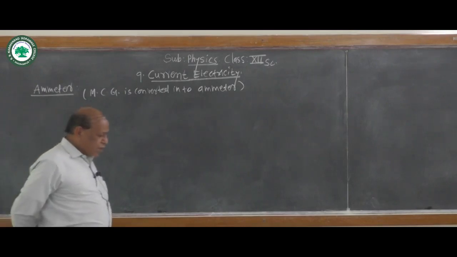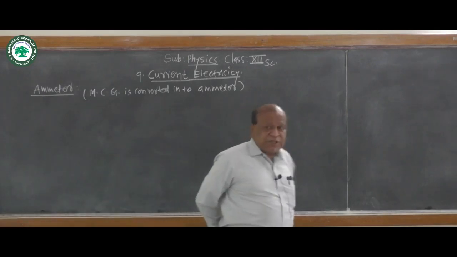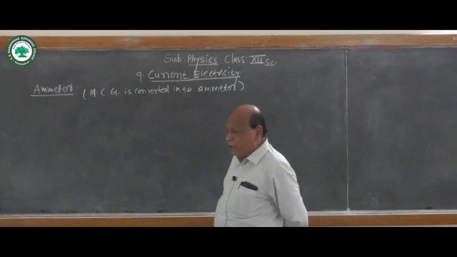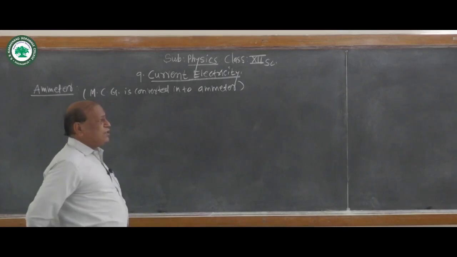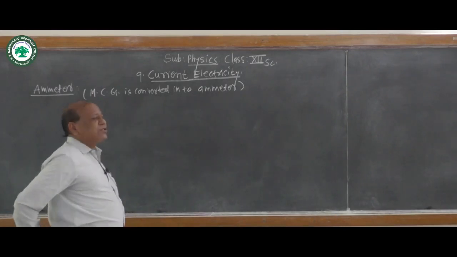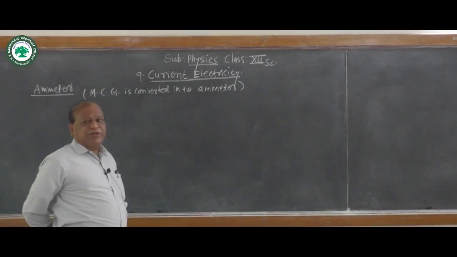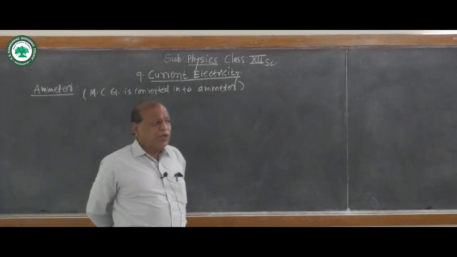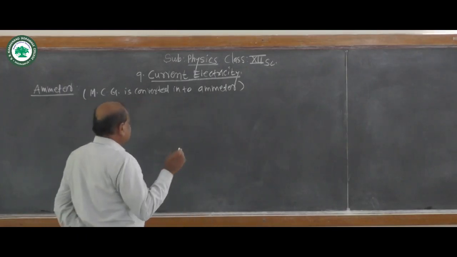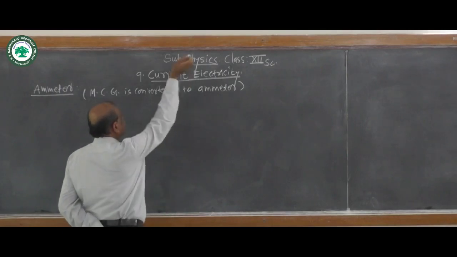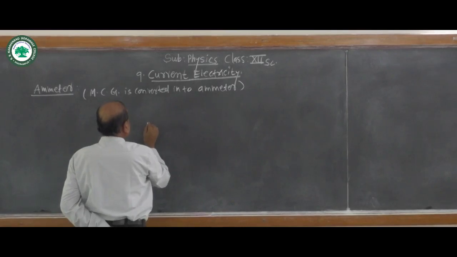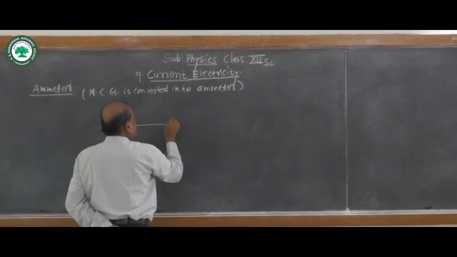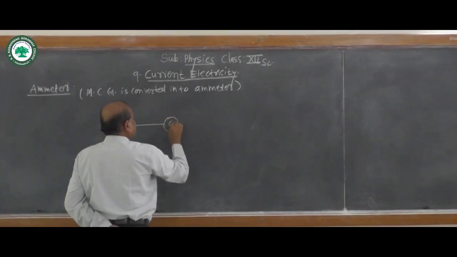And so some small value of resistance is connected in parallel to this galvanometer, then it is converted into an ammeter. See this circuit diagram to convert this moving coil galvanometer into an ammeter. Now this is a galvanometer.